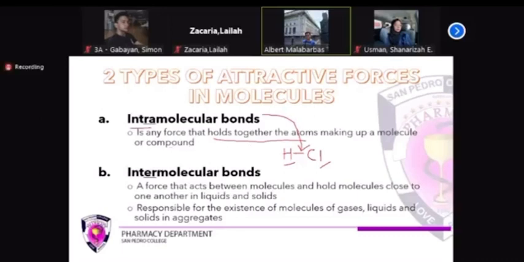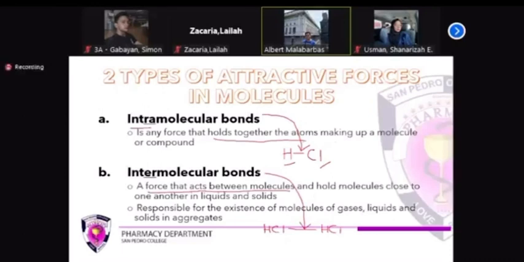However, when we say intermolecular bonds or forces, it is the force that acts between molecules. So for example, may isang HCl na molecule dito and then another HCl molecule. The force that holds two HCl molecules are what we call as your intermolecular forces.